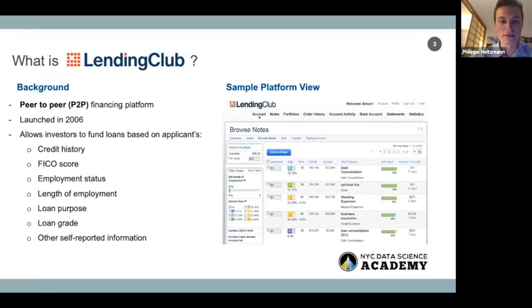Some of the other important data available to investors is general information about credit history, FICO score, of course, employment status of the loan applicant, the length of the employment, loan purpose, and loan grade, which is a grade assigned by the LendingClub platform based on a lot of that data.